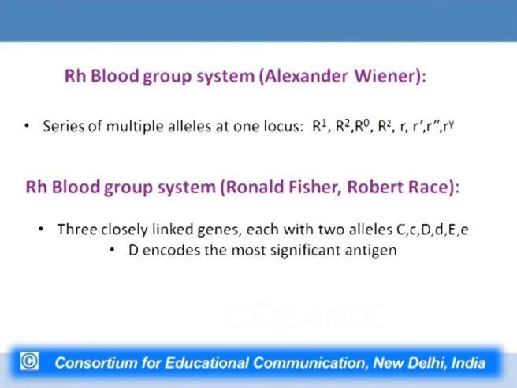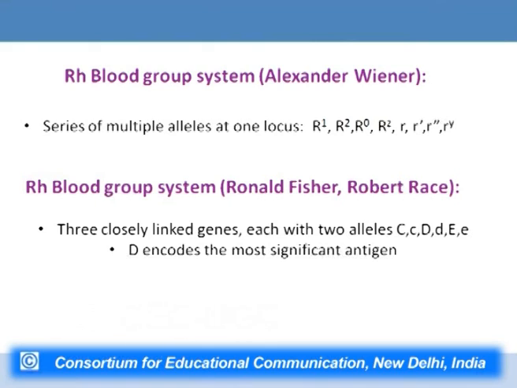Whereas Ronald Fisher and Robert Race believed that instead of only one gene, there are three closely linked genes present in the given loci, and each of them had the capability of producing a specific antigen. And each of the given genes had two alleles, namely capital C, small c for C locus, capital D, small d for D locus and capital E, small e for E locus.